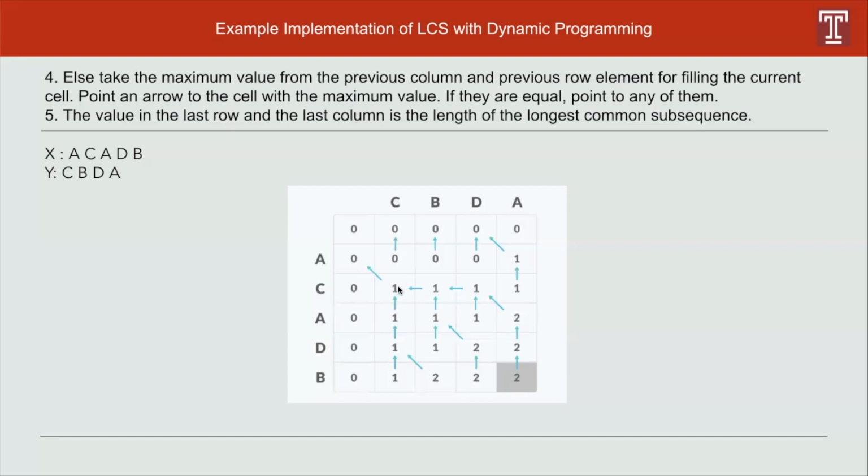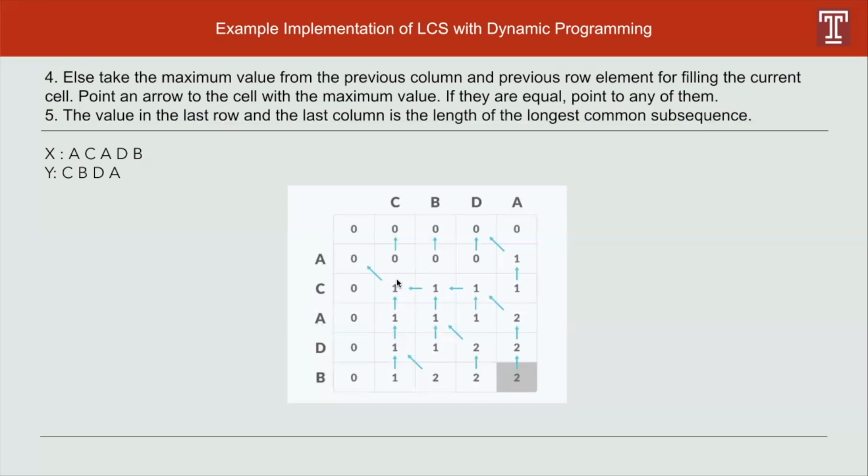Let's go to the second value, where C is equal to C. What value do we take? This diagonal value. This diagonal value is 0, so we add 1 to it, and it will be 1. Then for the next element, we'll compare C with B. Is B equal to C? No, it is not the same. So we have to take this value and this value and compare which is the highest one.